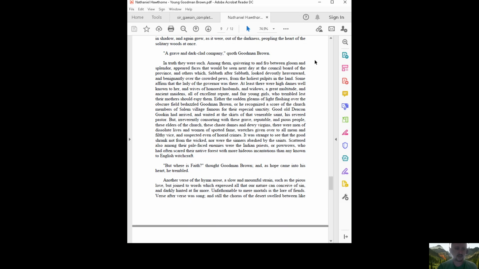Good old Deacon Gookin had arrived, and waited at the skirts of the venerable saint, his revered pastor, but irreverently consorting with these grave, reputable, and pious people, these elders of the church, these chaste dames and dewy virgins. There were men of dissolute lives and women of spotted fame, wretches given over to all mean and filthy vice, and suspected even of horrid crimes. It was strange to see that the good shrank not from the wicked, nor were the sinners abashed by the saints. Scattered also among the pale-faced enemies were the Indian priests or powwows, who had often scared their native forest with more hideous incantations than any known to English witchcraft.